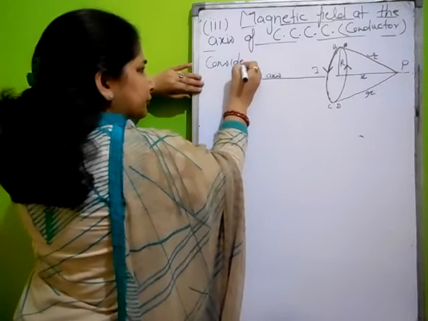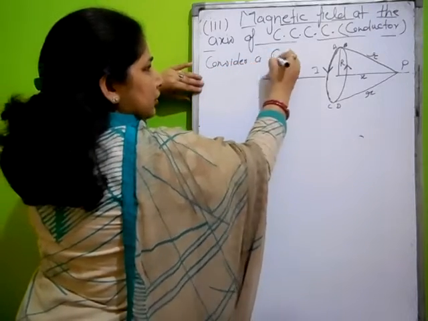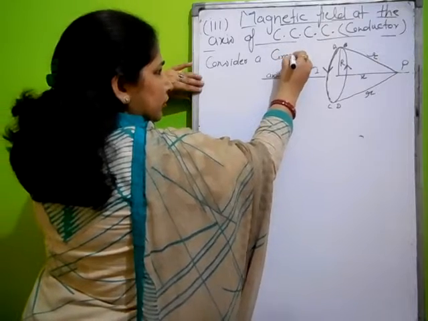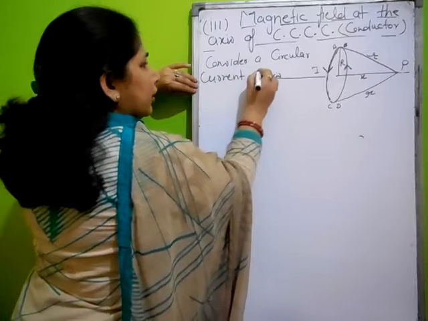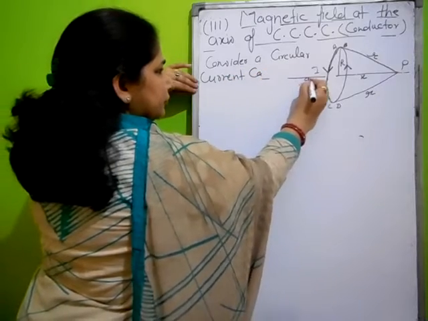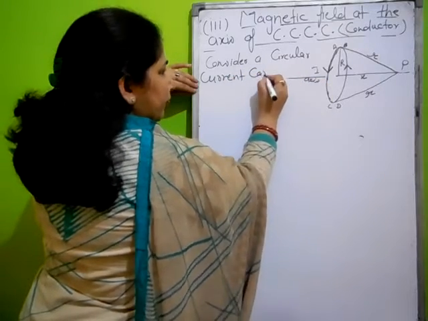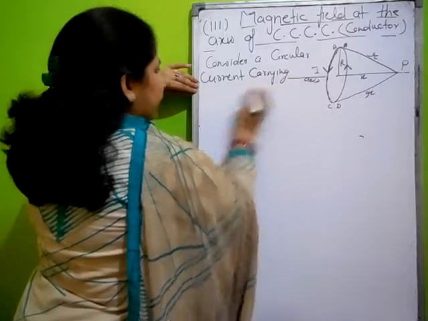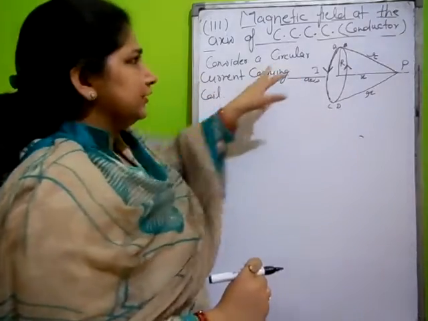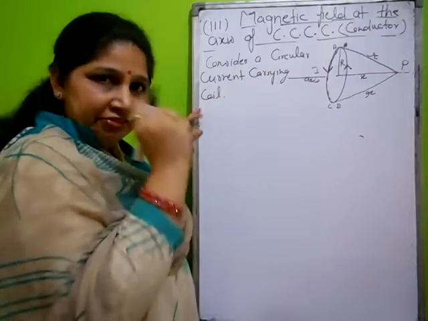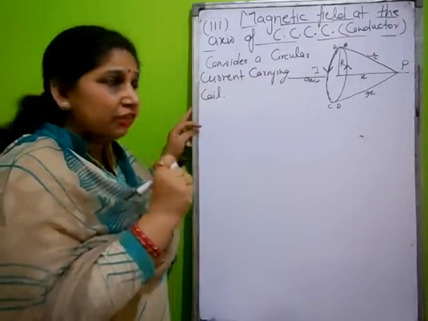Consider a circular current carrying coil. As the coil is circular, it definitely has one property, the radius of the coil.